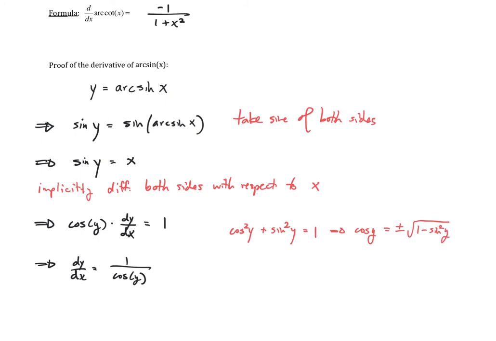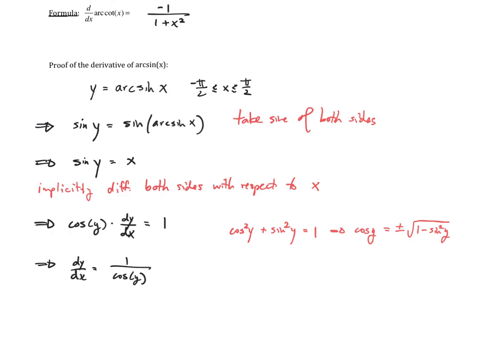But remember, we restricted the range of arc sine to be from negative pi over 2 to pi over 2.